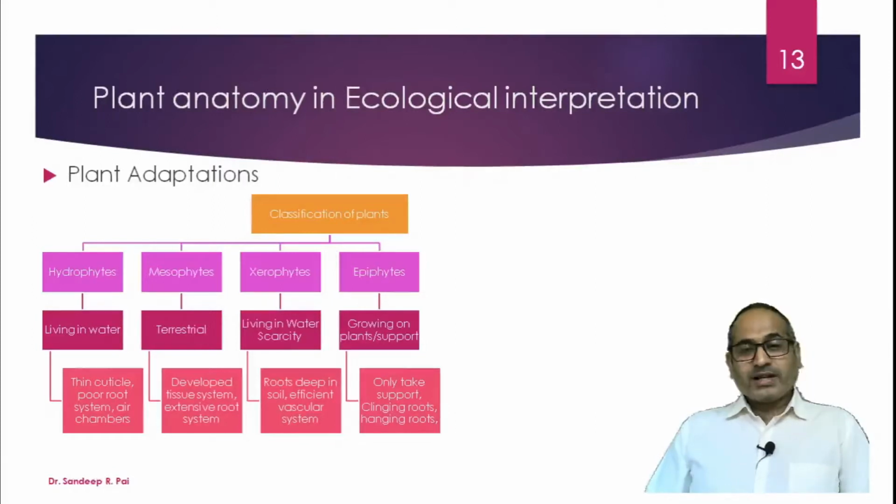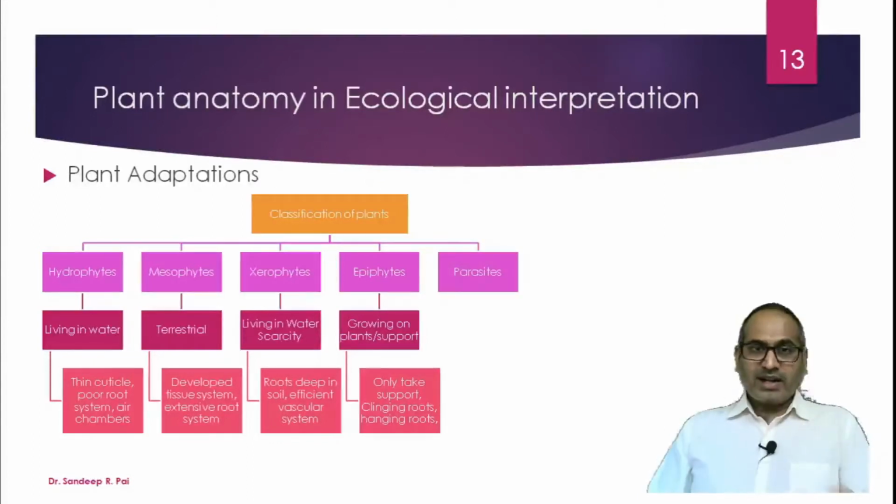They only take support. Keep in mind there is a difference between an epiphyte and a parasite. Epiphytes just grow on other plants and take them as a support. They have different root systems like clinging roots or hanging roots. If you take a section of these roots, you will find different organization of vascular systems and different numbers of cells.